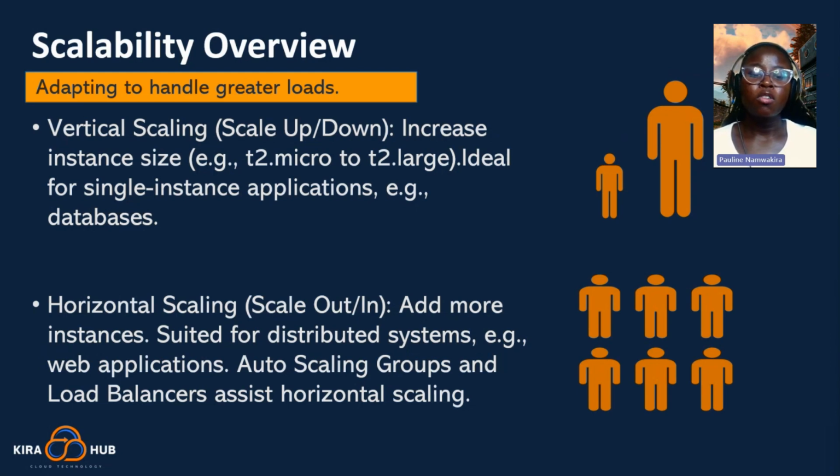Also we are going to use load balancers, which will enable us to distribute traffic now that the instances have been added. So as our call center analogy, I said vertical scaling is like hiring someone who is more experienced and can handle more calls, while horizontal scaling is like adding more workers to handle calls simultaneously.